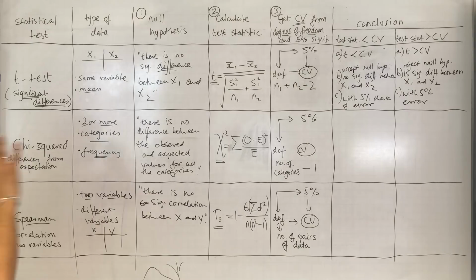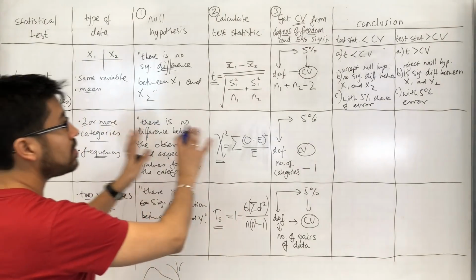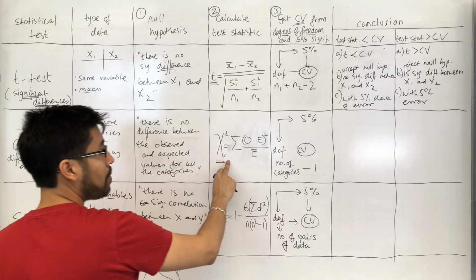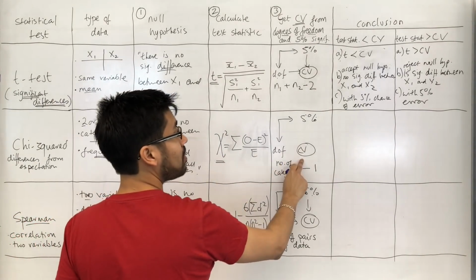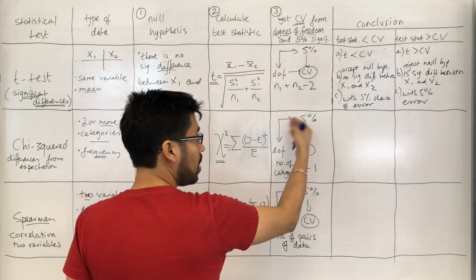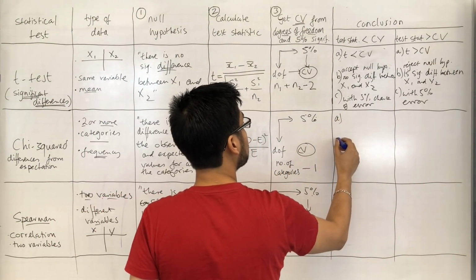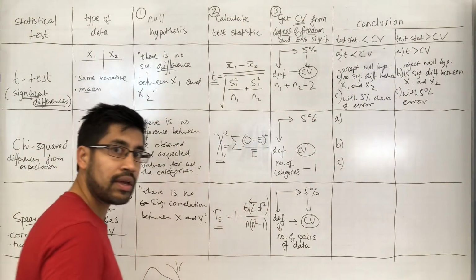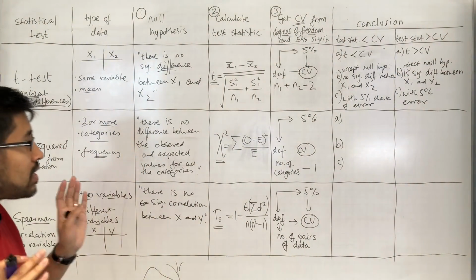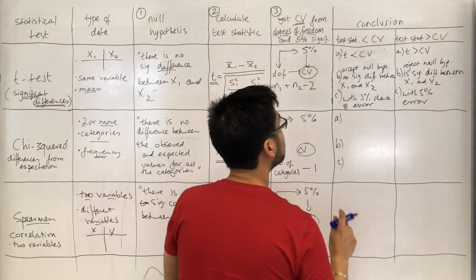Okay, so those are the steps, and similarly we make the same comparison between chi-squared and the critical value in the chi-squared critical value tables. Again we go through the process, and I risk becoming repetitive here, but at least we'll get the message home.